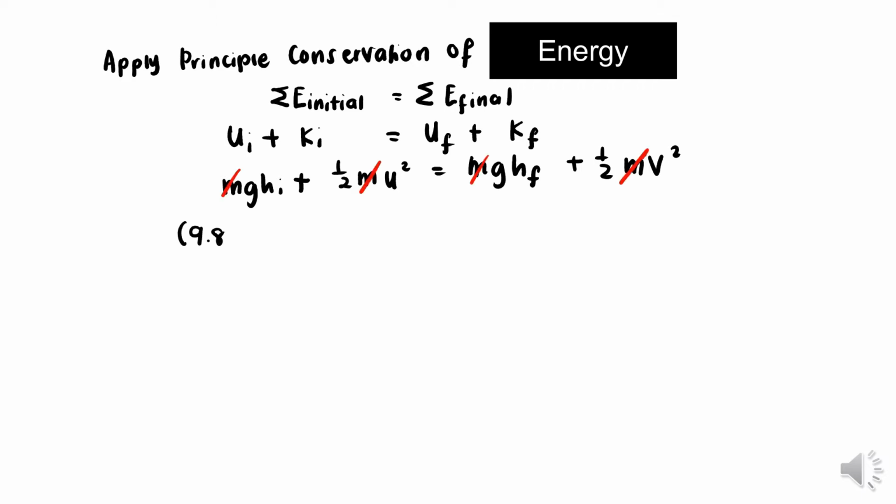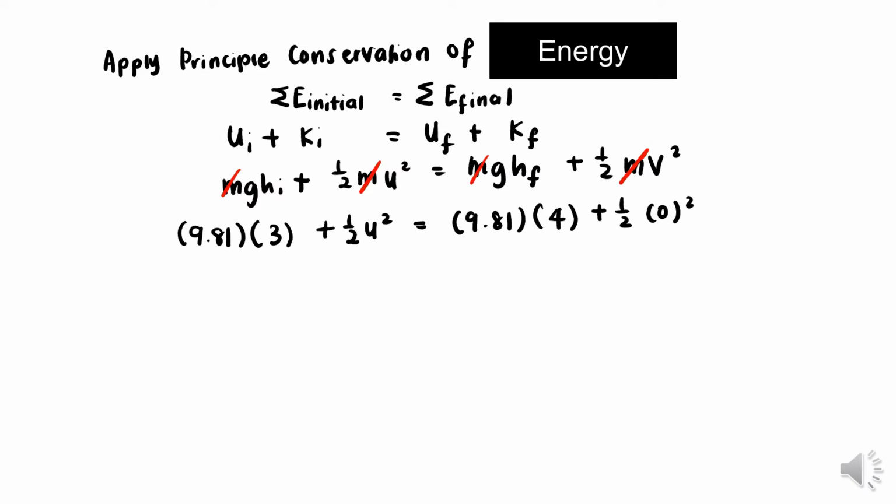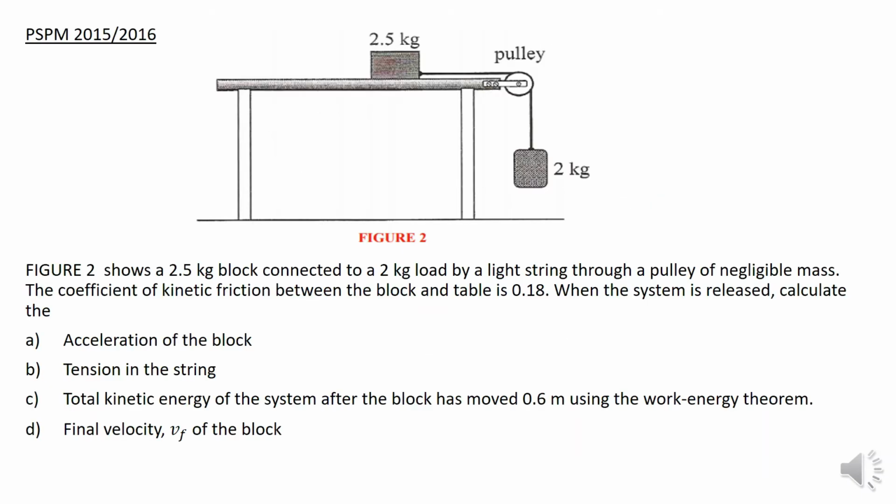At maximum height, the velocity is 0. Substitute all the information given, so we get half u squared equal to 9.81. So u equals 4.43 meter per second.